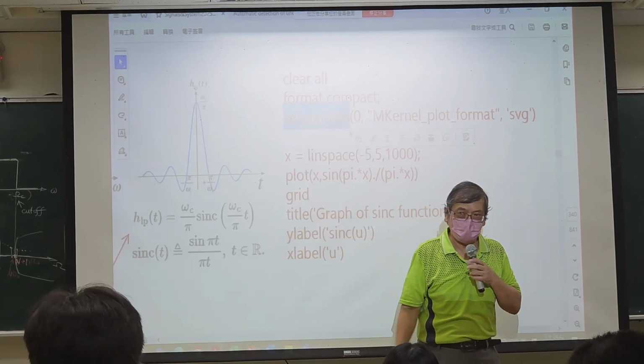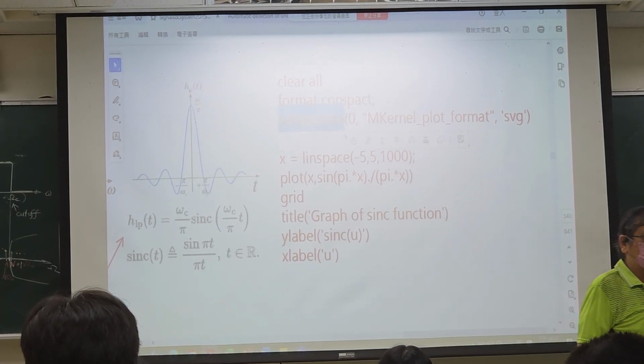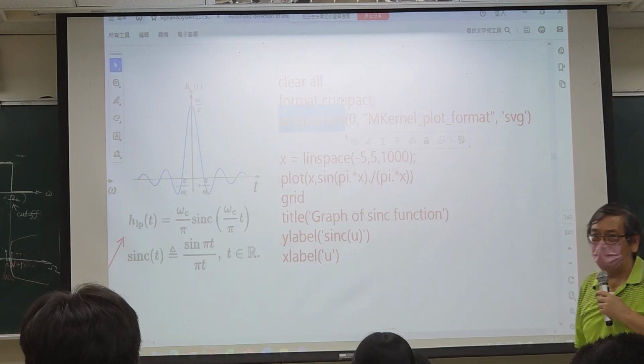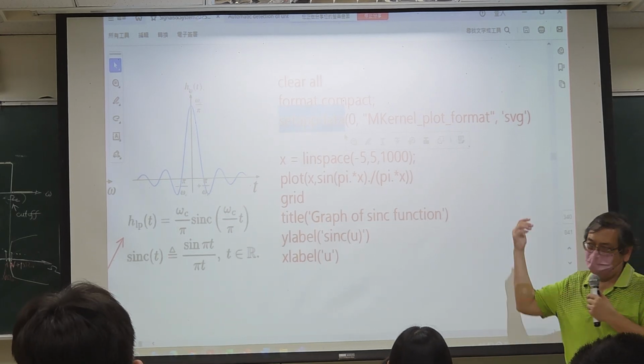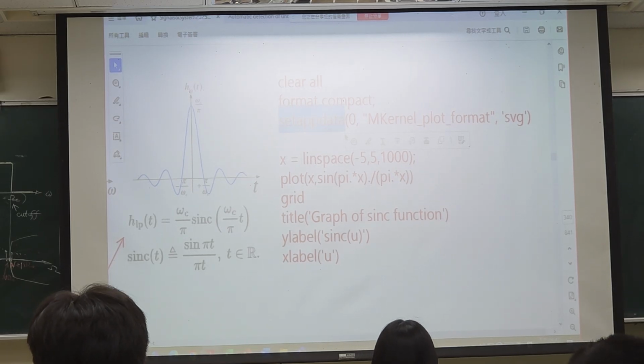Then you need to determine what is the format you need for the figure. But actually you also can export your figure manually, that's fine, but it's better to make it automatic eventually. Okay?